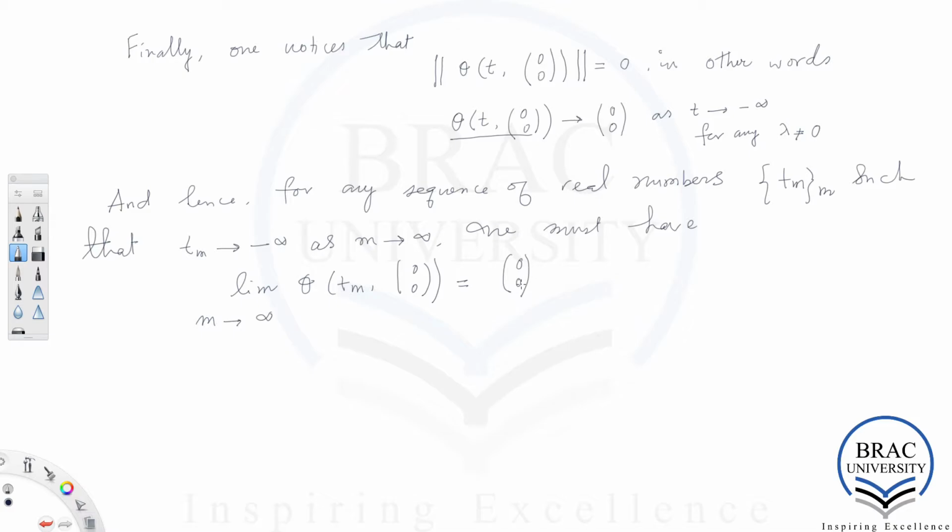Which means that the alpha limit set of the orbit of the zero vector is the zero vector itself. Only.